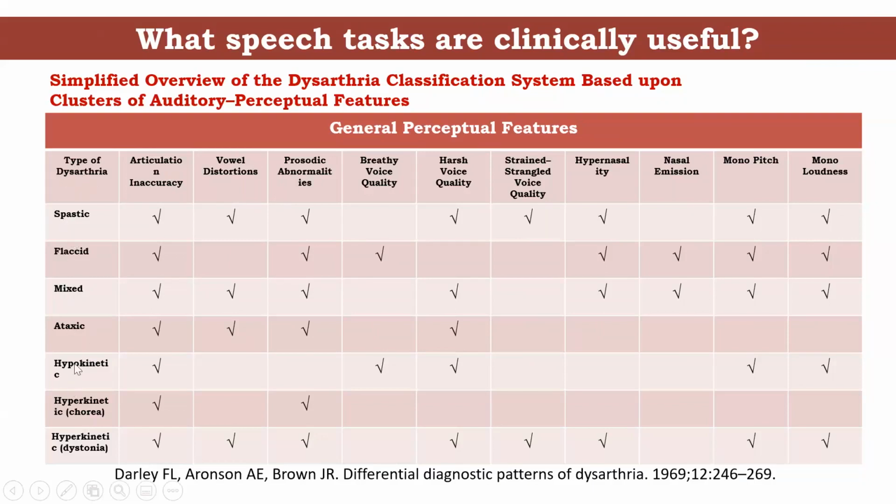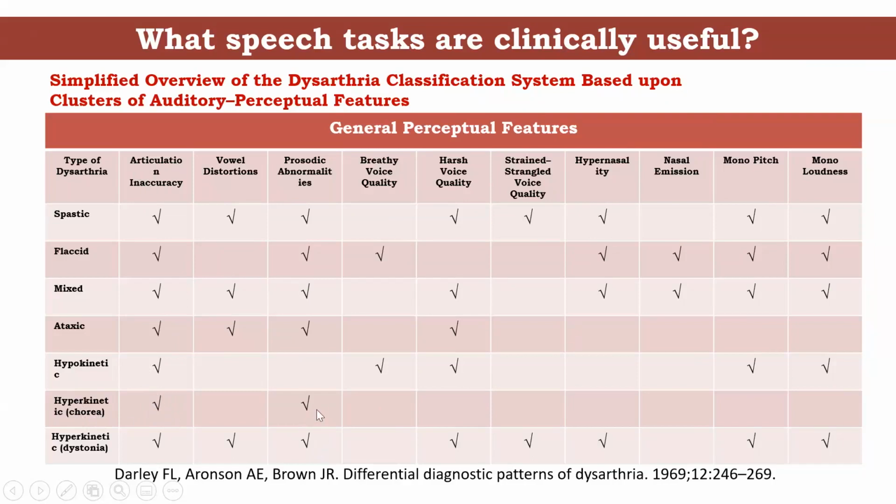on each row, you see the type of dysarthria. There are various kinds of dysarthria, and they are defined based on what you see in the columns. Let's take the simplest one, hyperkinetic. You see my cursor there. It has articulation inaccuracy, as you see here, and prosodic abnormalities.